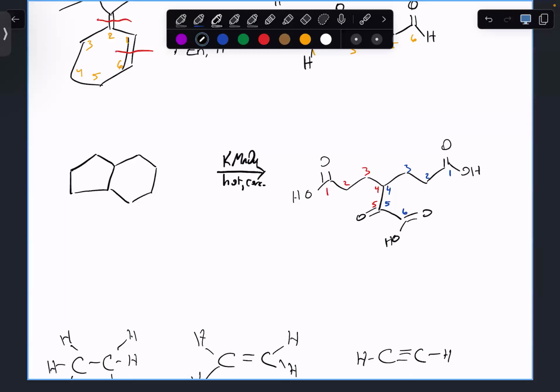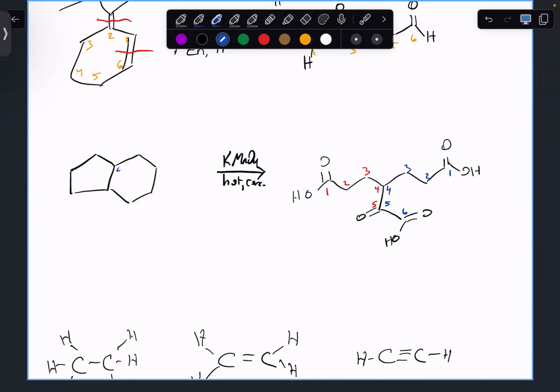Now, when I go to number them, I'm going to try to number that system the same way that I did originally in the product. Notice the shared carbon. Carbons 4 and 5 are being shared by both rings, so I need to make sure I'm consistent with that.